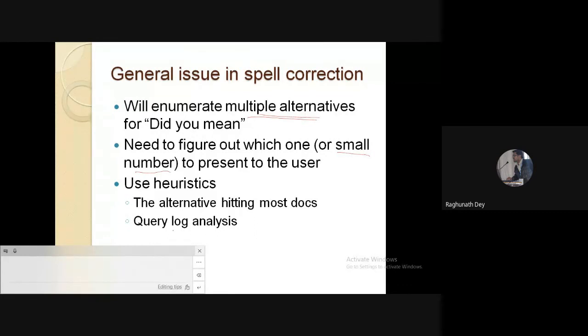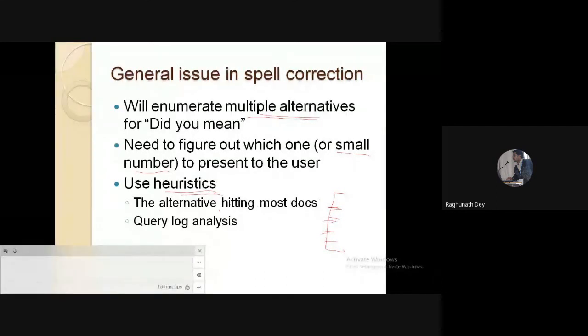It can be done by a heuristic approach. Because you have several alternatives for a given query and all are correct, but still you should not suggest all; rather you should suggest very few, it may be only one. How can it be done?